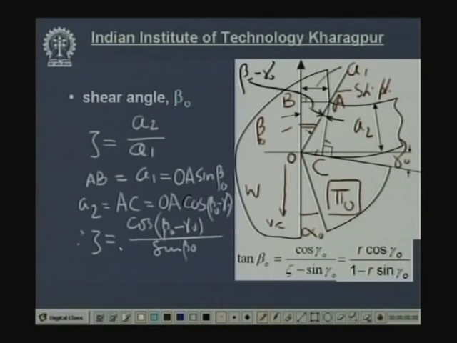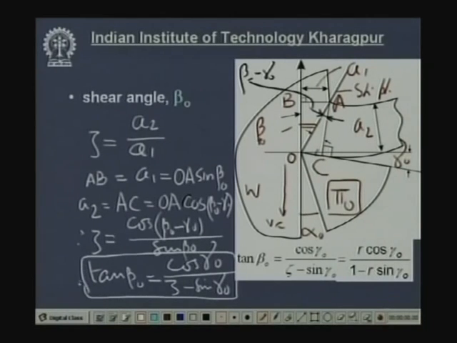Now, if you just use this equation, you can find out tan beta will be equal to cosine gamma divided by zeta minus sine gamma. So, this is a very important expression. The shear angle beta is a function of the rake angle and the chip reduction coefficient.